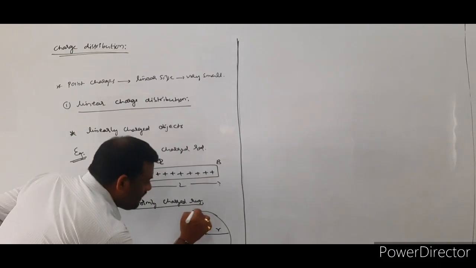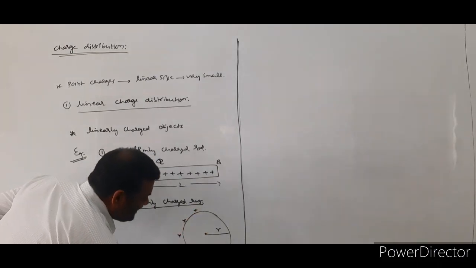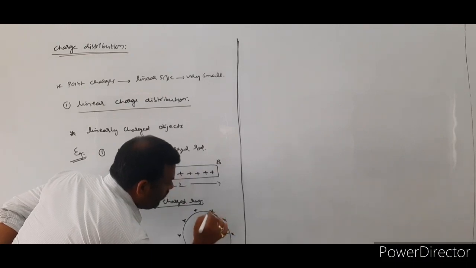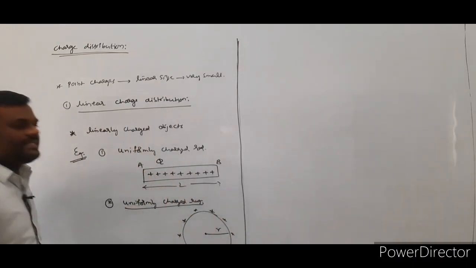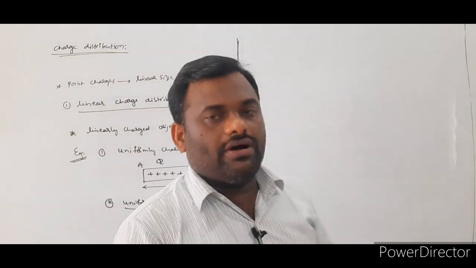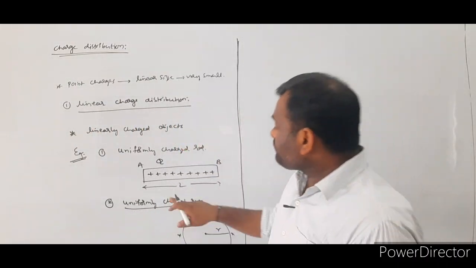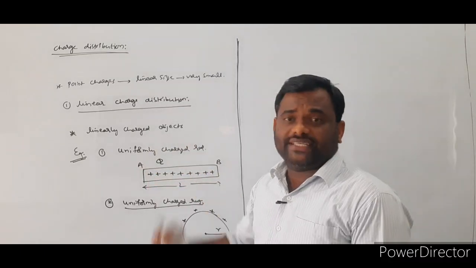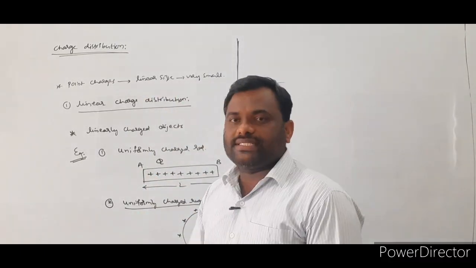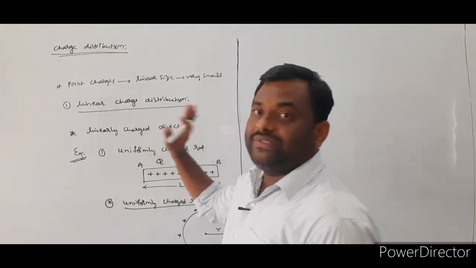Whenever we give some amount of charge to the ring, the entire charge is uniformly distributed over its periphery, so it is also called a uniformly linearly charged object. These are the different examples of linearly charged objects.